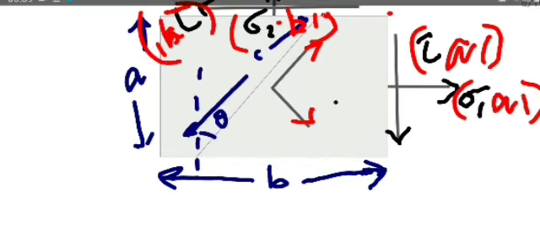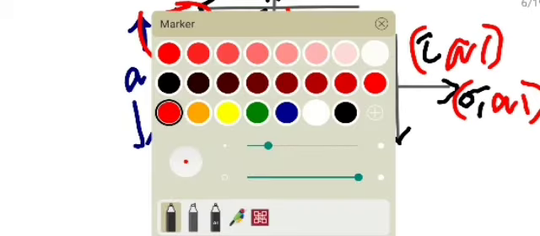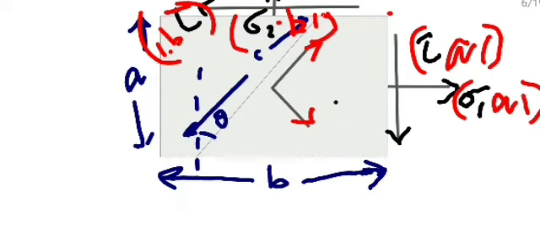It acts on the plane with side B, so naturally tau times B times 1. So now we can equate the forces along the directions normal and along the inclined plane we have considered. So let those be named sigma n and sigma t.